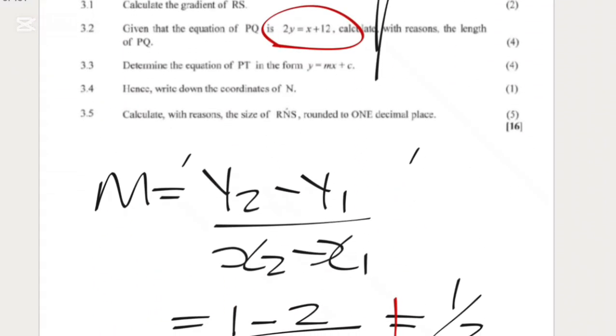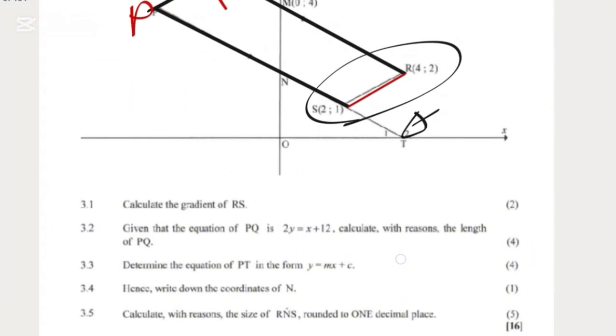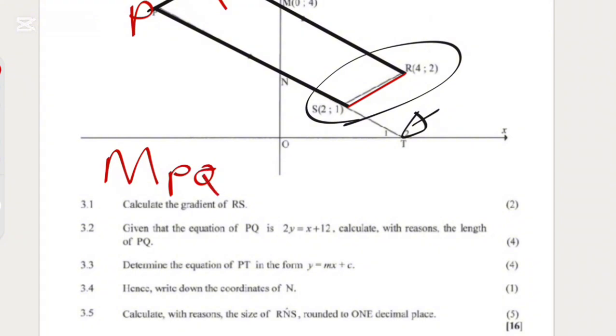Okay, then after getting that, they want what? Calculate the length of PQ. You can easily say, let me show you, because this thing is a parallelogram, M PQ is equal to M RS, right?